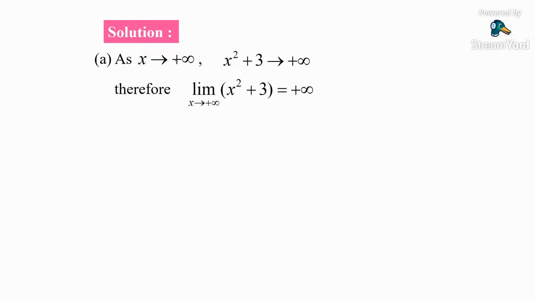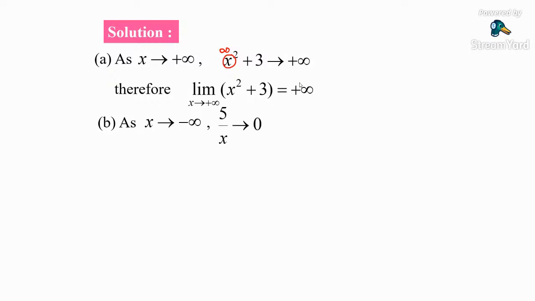As x approaches positive infinity, x is actually infinity. So we got infinity squared plus 3. Infinity squared is simply infinity. You add 3 to that big number, so that is definitely positive infinity. Therefore, the limit as x approaches positive infinity of x² + 3 is also positive infinity.